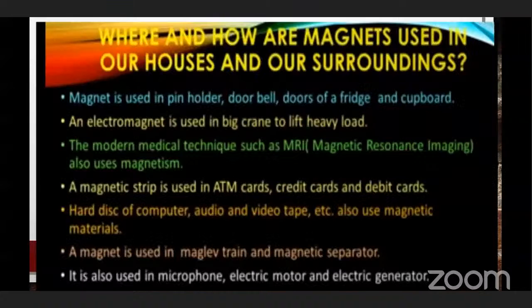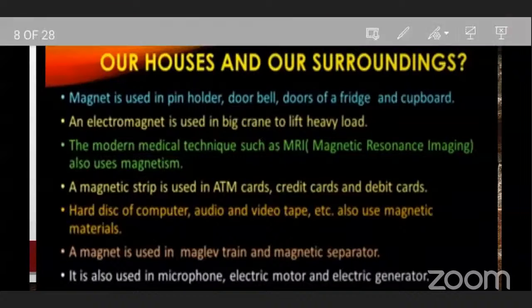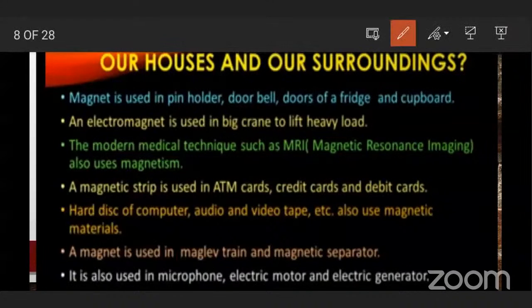Now we will see where and how magnets are used in our houses and our surroundings. See, first one: a magnet is used in a pin holder, doorbell, and doors of a fridge and cupboard.